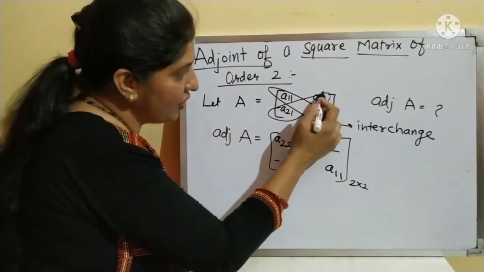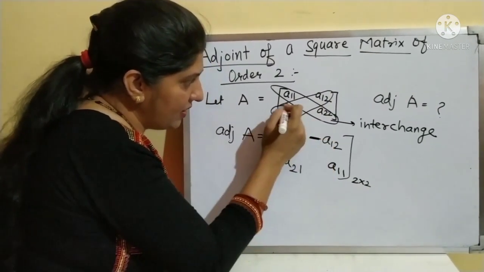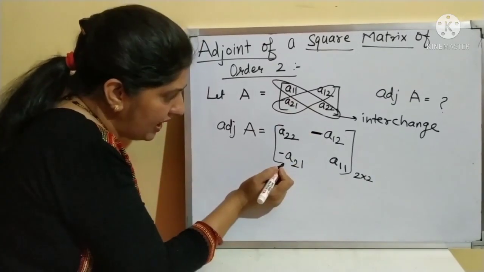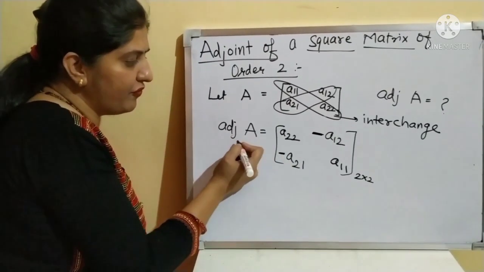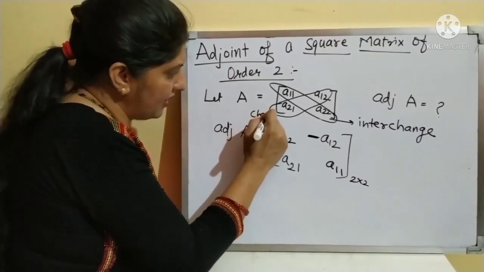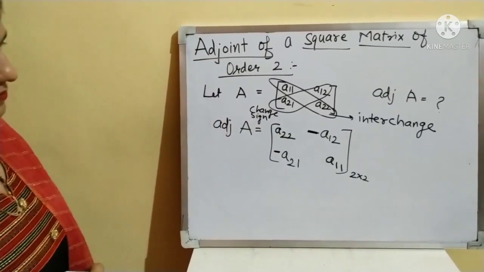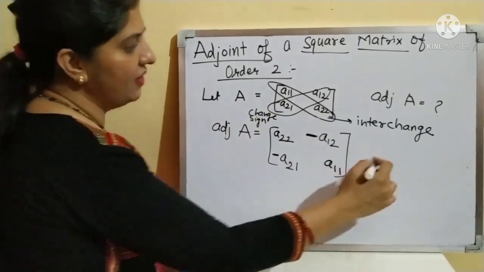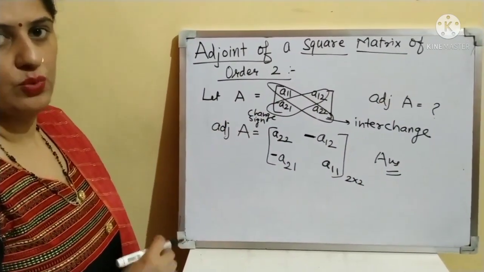Which means if A12 is positive here, we have to take a negative sign here. A21 is positive, so we have to take a negative sign here in the adjoint of matrix A. You have to change the sign. Clear? In this way, we get the adjoint of a matrix of order 2 by 2 directly.